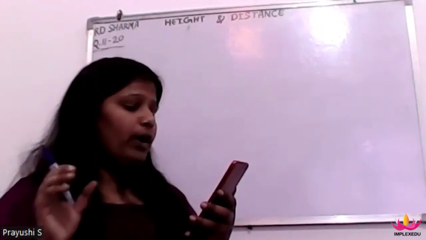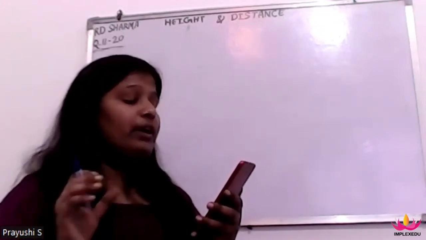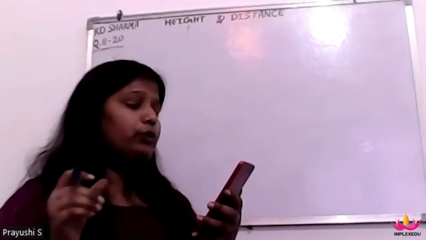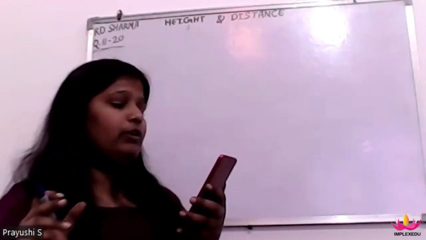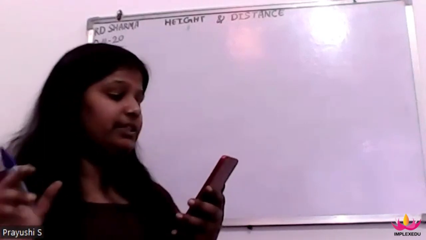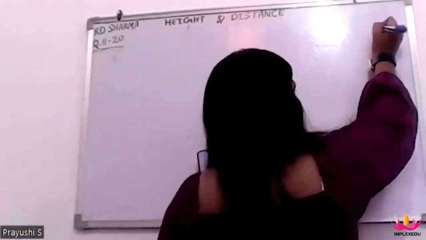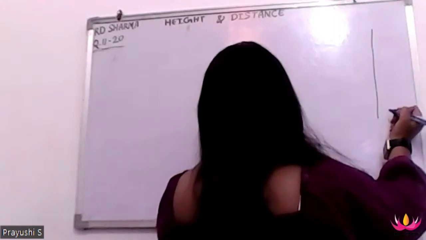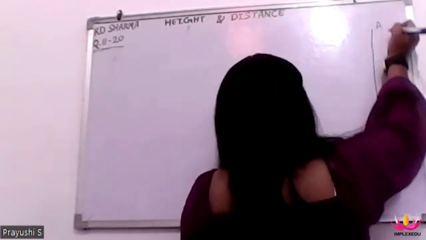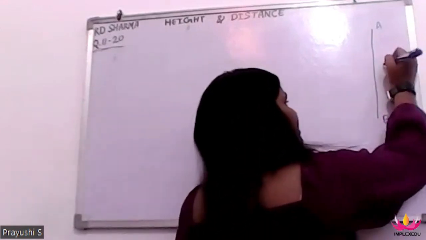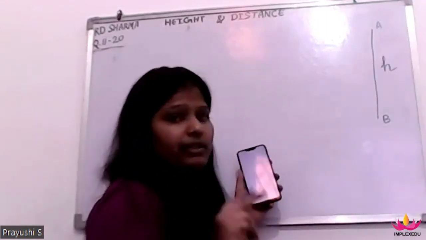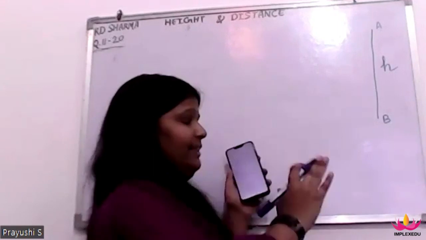On advancing 150 meters toward the foot of the tower, the angle of elevation of the tower becomes 60 degrees. So now first I am drawing the tower, and I am letting AB be my tower, and the height of the tower AB is h.